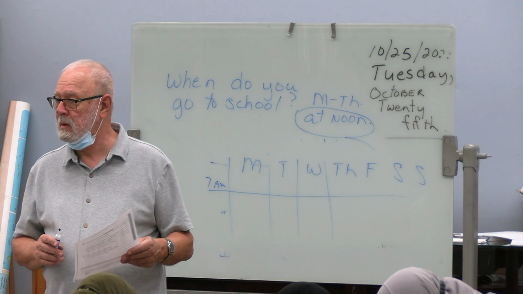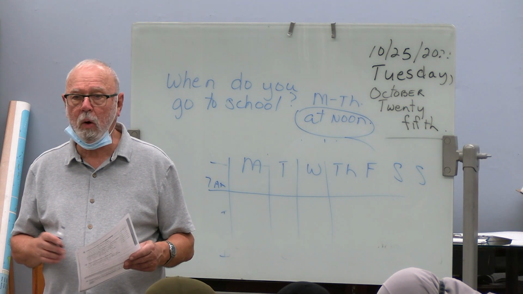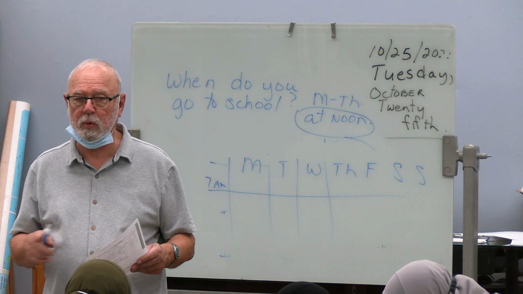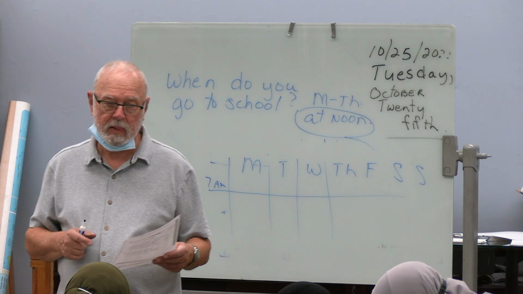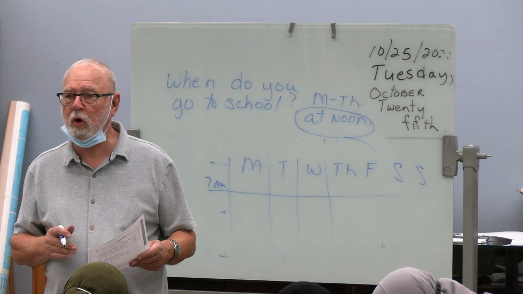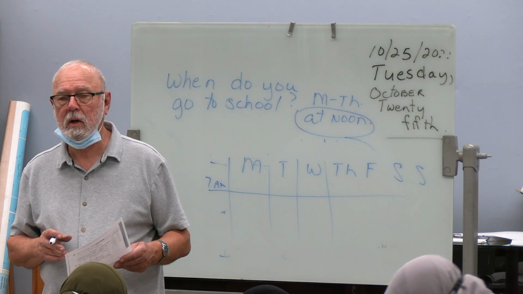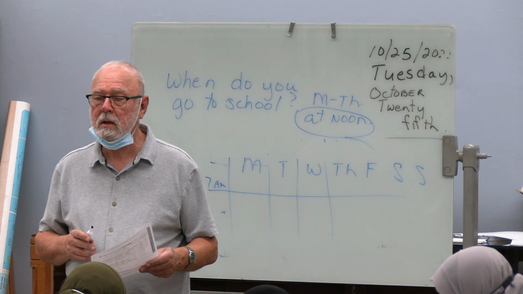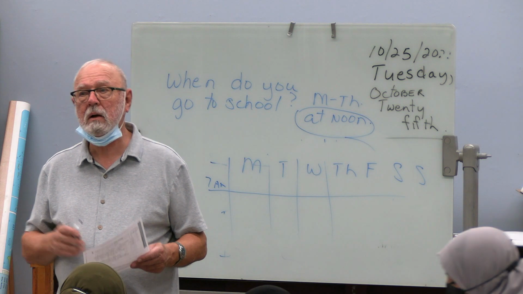Yes. How often do you have class in my room? 4 days a week. How often do you go to school, go to work? Every day? No. Saturday and Sunday? 5 days.